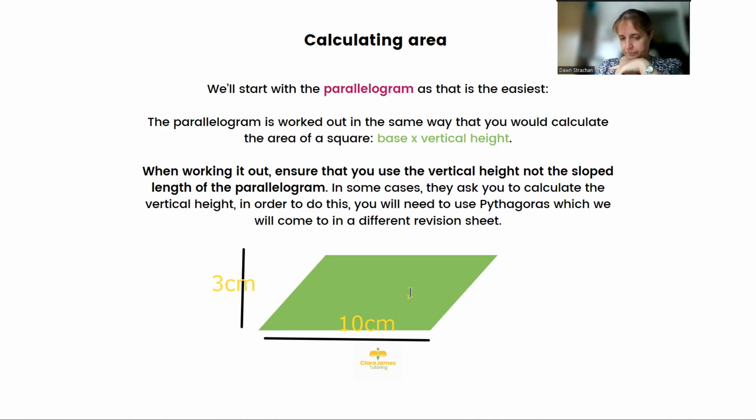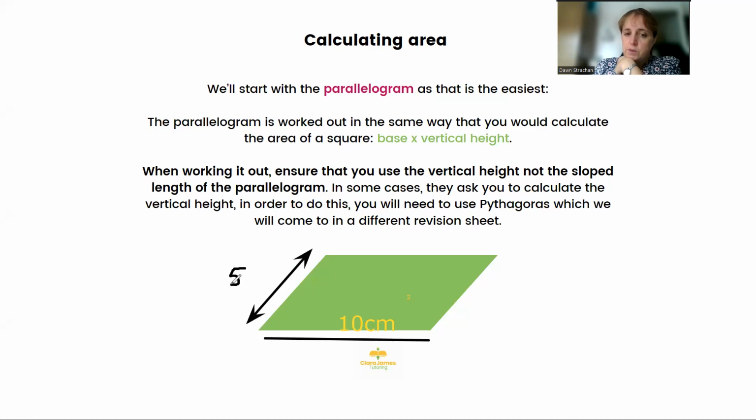With area, it's important that you always give your answer as centimeters squared. Okay. On occasions, what they may do if they're being mean or it's a higher mark question is give you the sloping height. They may say that's 5 centimeters.